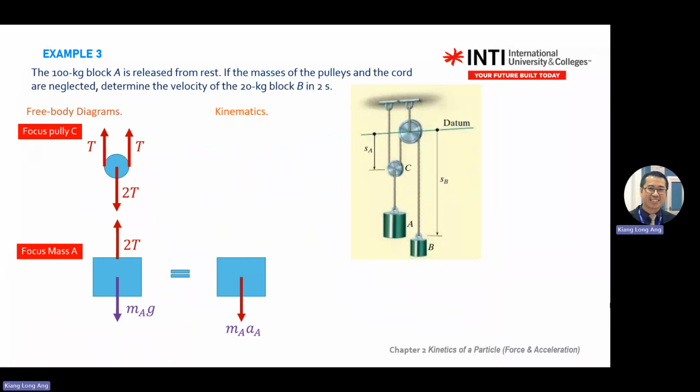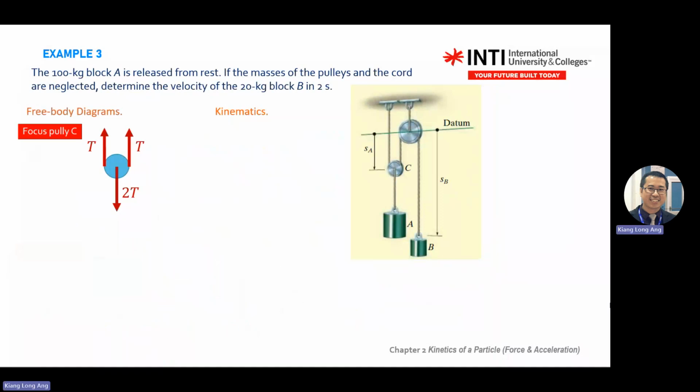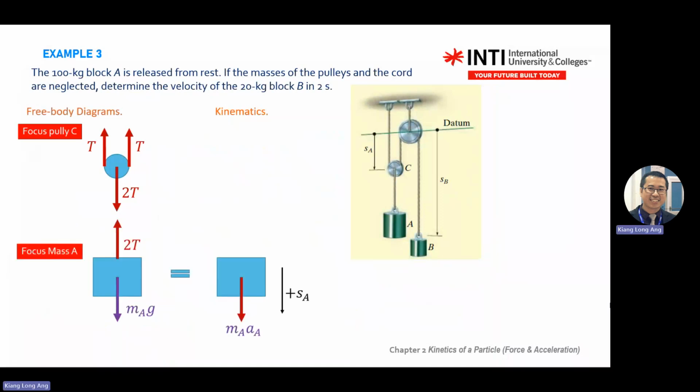Okay. So this one you understand already, then you continue with the same thing. Just mark the positive direction of SA, go down positive. I follow the datum. Okay, you do the same for B. What is B?